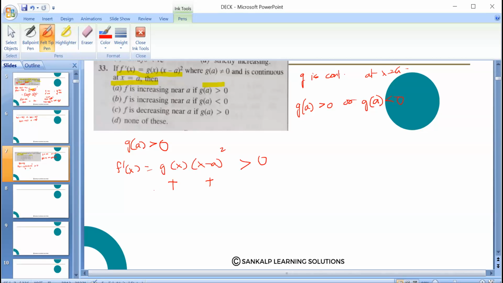And f dash x is positive means what? f is increasing at x equal to a. So option B is correct. Option B.